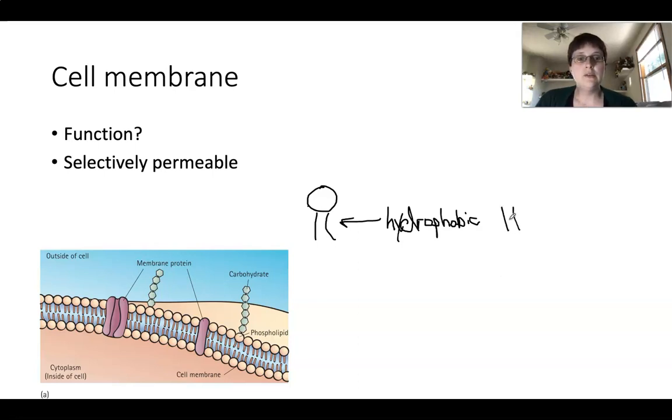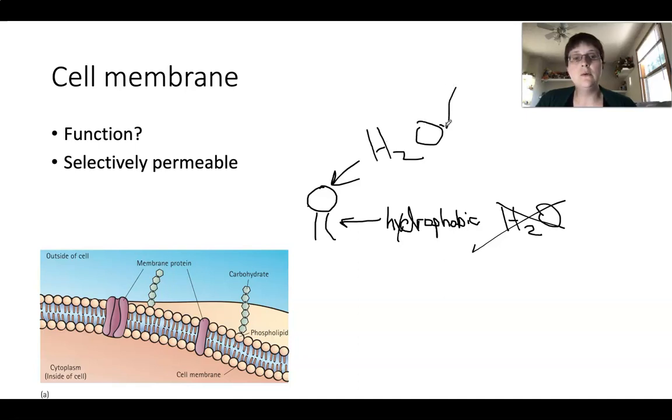So H2O is a no for this side. But this side likes water. So water is good for the side that we call the head. It is hydrophilic. So that's why these guys line up the way you see them in the picture.